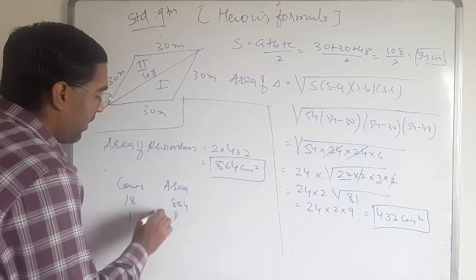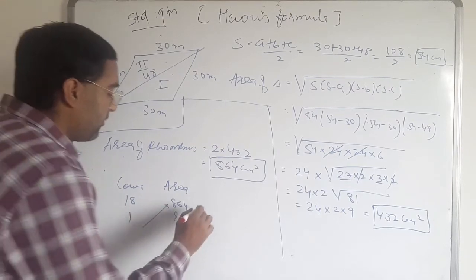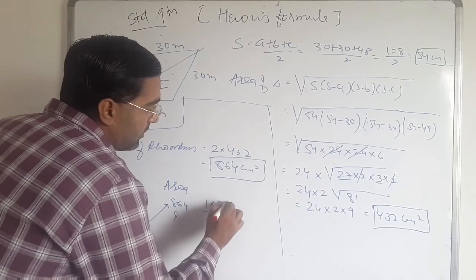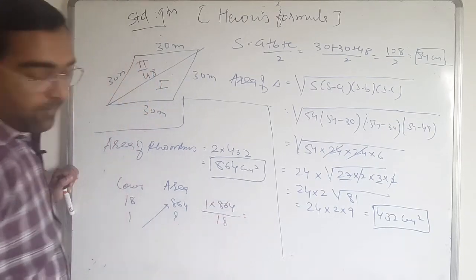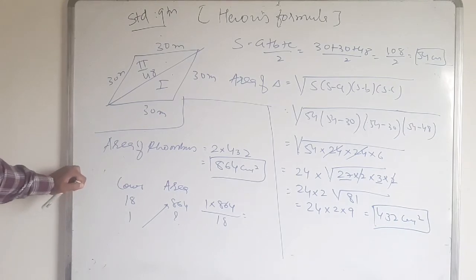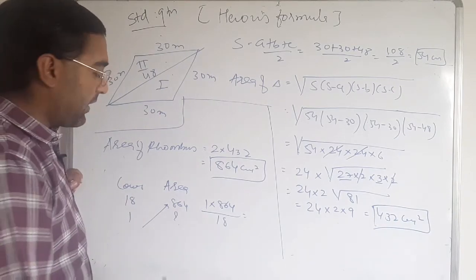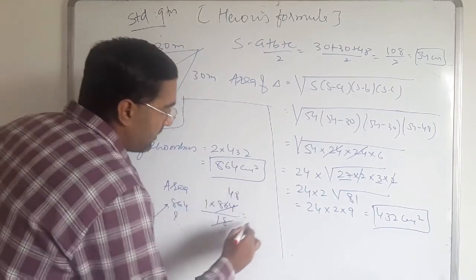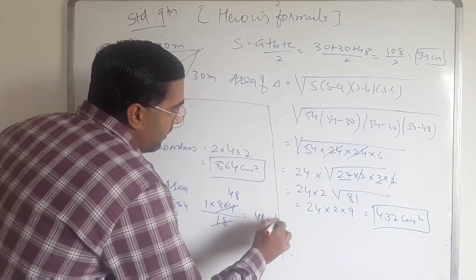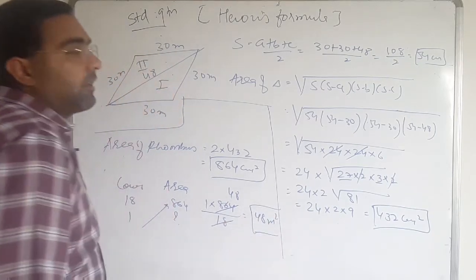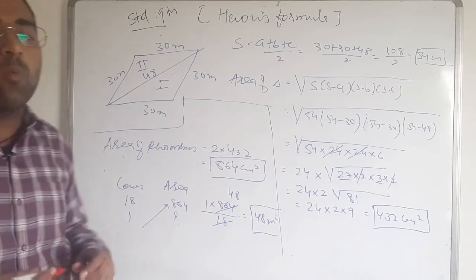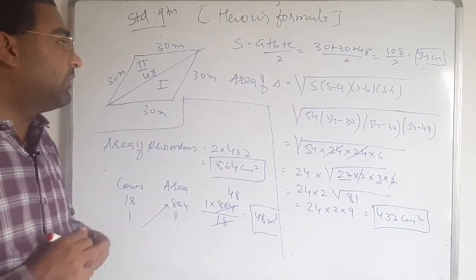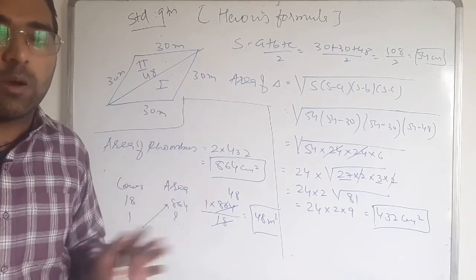So for one cow, how much do they graze? 1 into 864 divided by 18, so my answer is approximately 48 meter square. 864 divided by 18 is 48. My answer is 48 meter square area grazed by one cow.